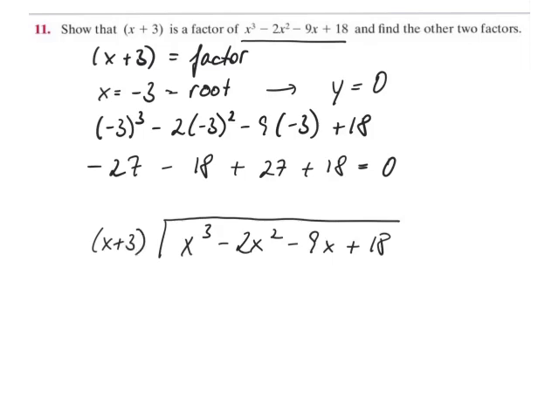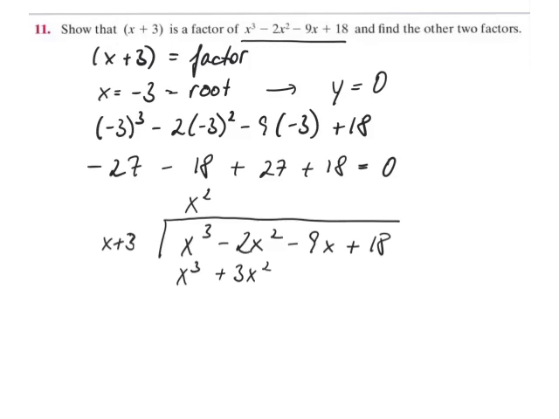Okay, so x cubed, let me take away the brackets. x cubed divided by x is x squared. We go backwards and multiply it out again. So x squared times x is x cubed, x squared times 3 is plus 3x squared.